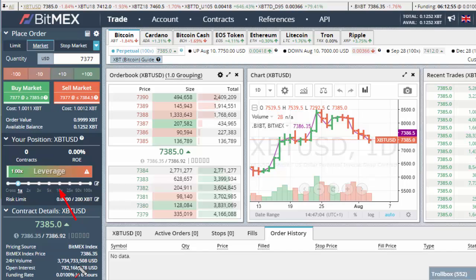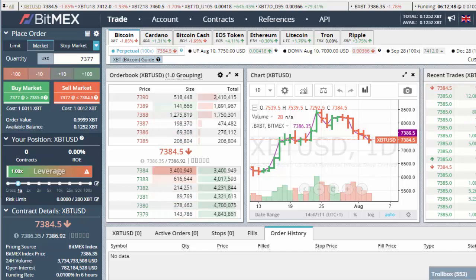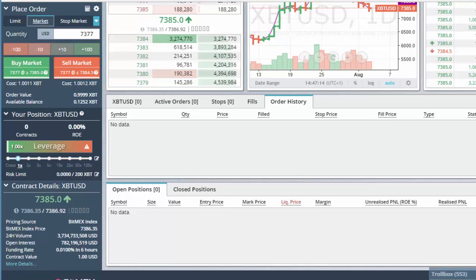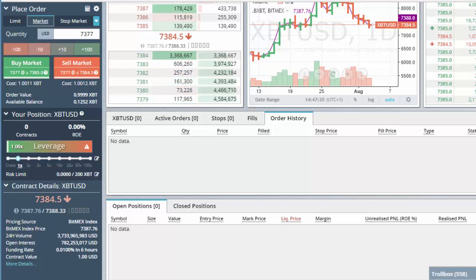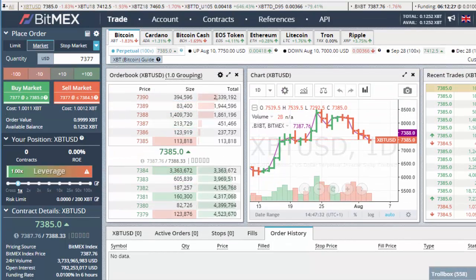And for that potential risk, if we come back down to here, Bitmex are going to put in a liquidation price to cover their backs. And again, I'll go into this in more detail in the other videos. This is more of a walkthrough just to show you what all the panels mean and where to find them.